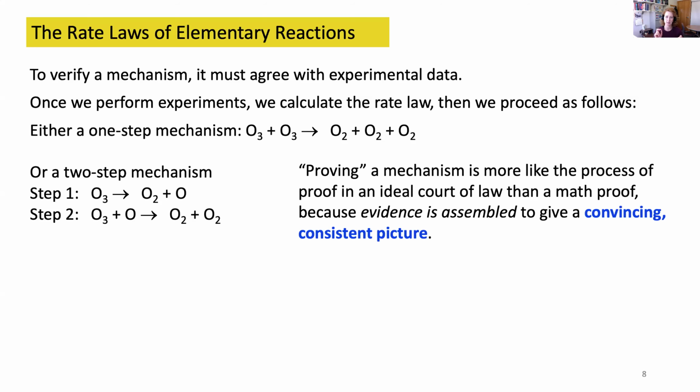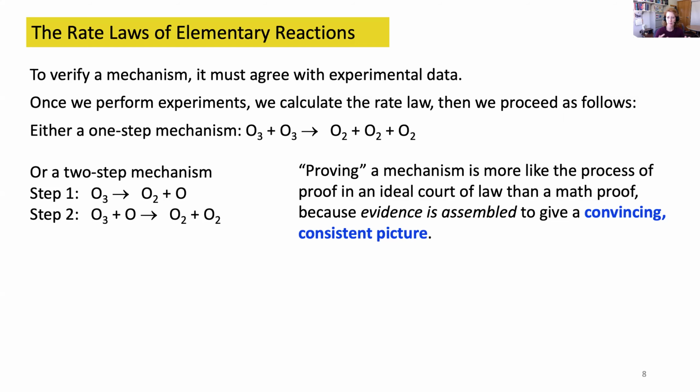Proving a mechanism isn't like a math proof because we basically just pull together evidence to give a consistent picture. A mechanism is not necessarily ever proved and is open to change based on more evidence being assembled. Lots of mechanisms have changed over the years based on better instrumentation and better modeling.